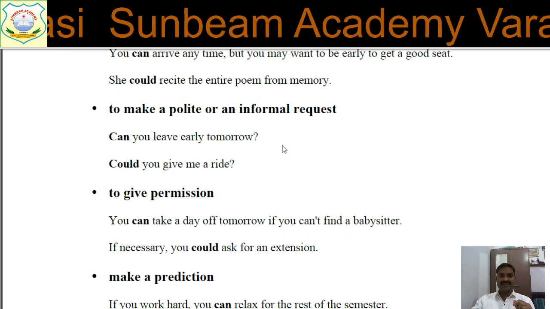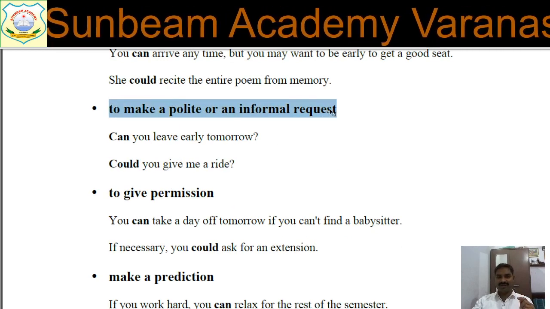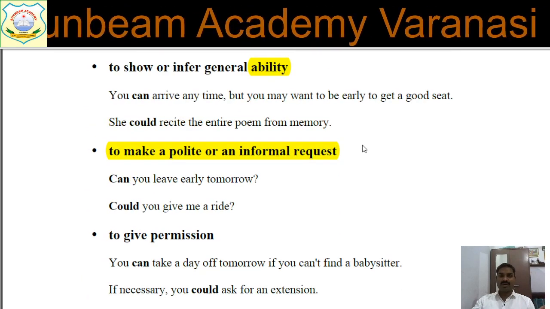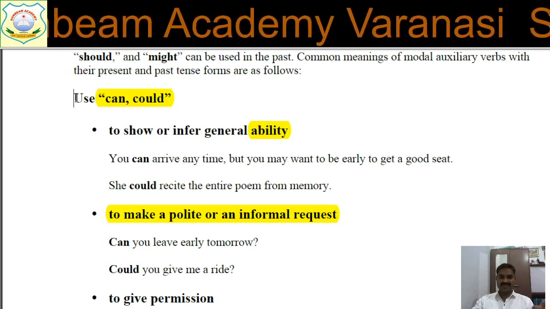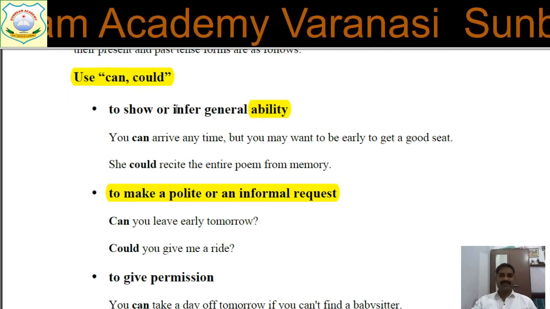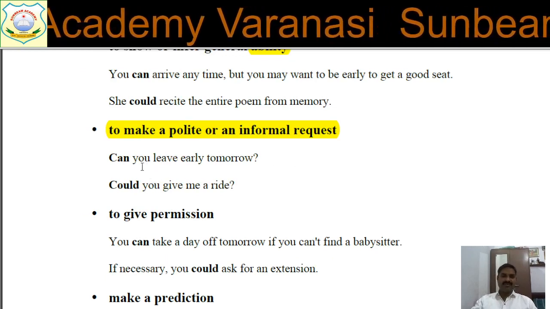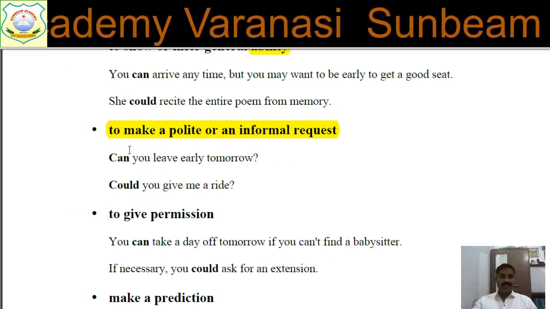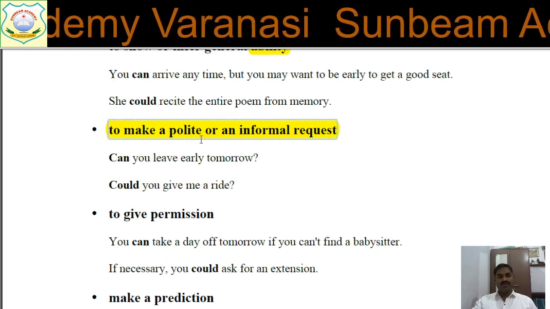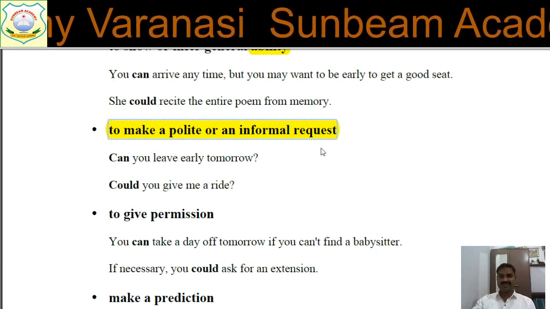Okay. Next is, to make polite or informal request. Means can or could. Here we are discussing can and could. Okay. So next is, what can and could can describe is given with the example. It can be used to show polite or informal request.